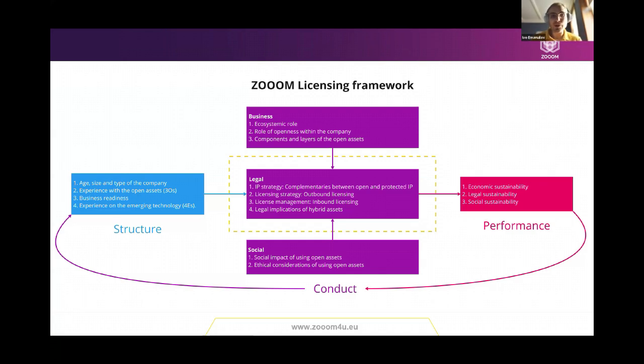Then, in terms of conduct, we study their business conduct at the level of the ecosystem in which they operate, how openness is perceived in the organization, and what components and layers might exist when it comes to open assets. And then, of course, the legal conduct of the company, so their IP strategy, how they combine proprietary with open source licensed IP, and what their inbound and outbound licensing strategy is.